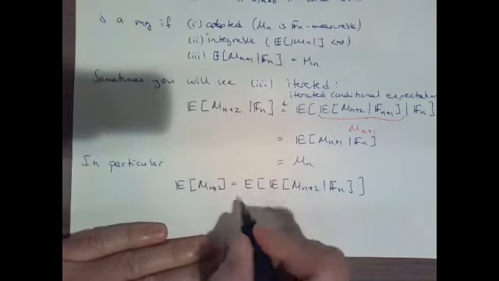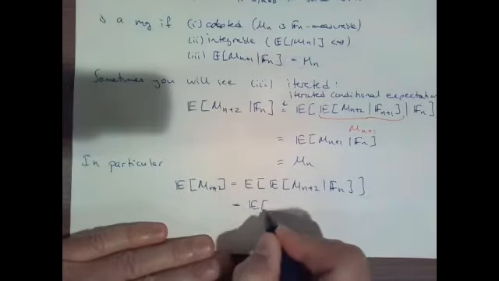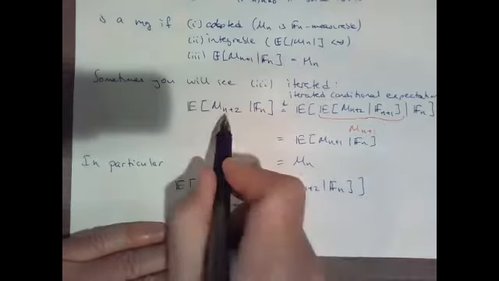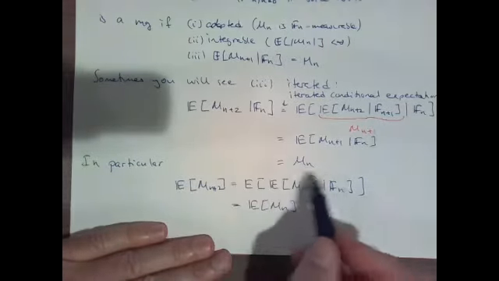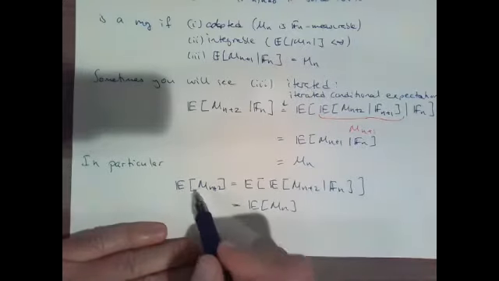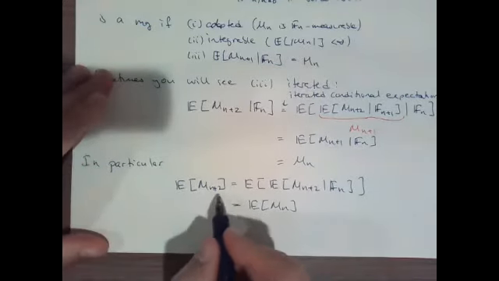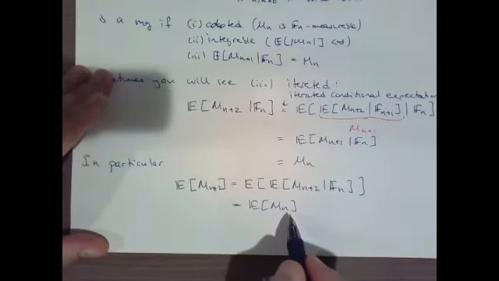And you'll see that the expectation of M(n+2) is going to be exactly the expectation of Mn, because I can replace the inner conditional expectation by Mn. So the expectation at time n+2 is the same thing as the expectation at time n.